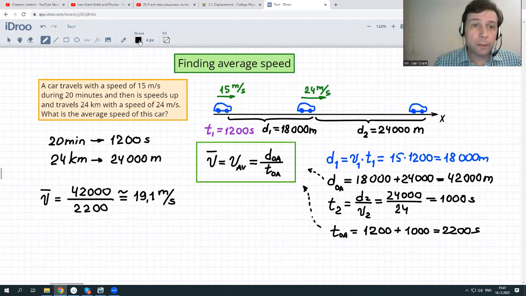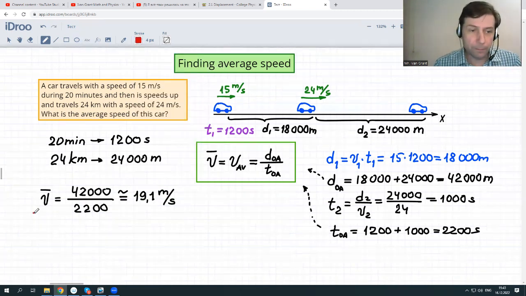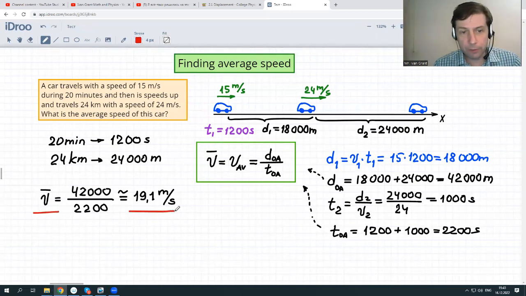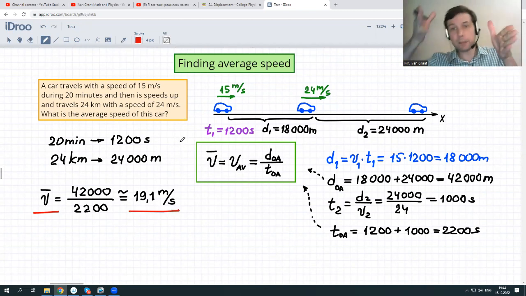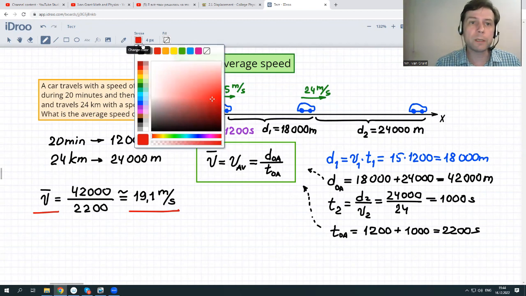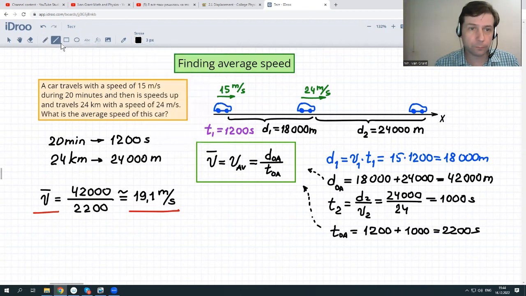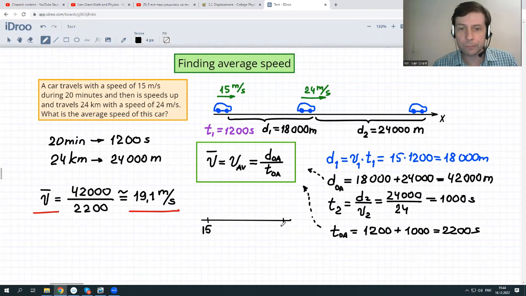Let us analyze what it means. Our average speed is like that. If we take a look at the interval between 15 meters per second and 24 meters per second, what is in between 15 and 24? Say here is 15 meters per second, here is 24 meters per second. The average is 15 plus 24, which is 39, over 2, 19.5.